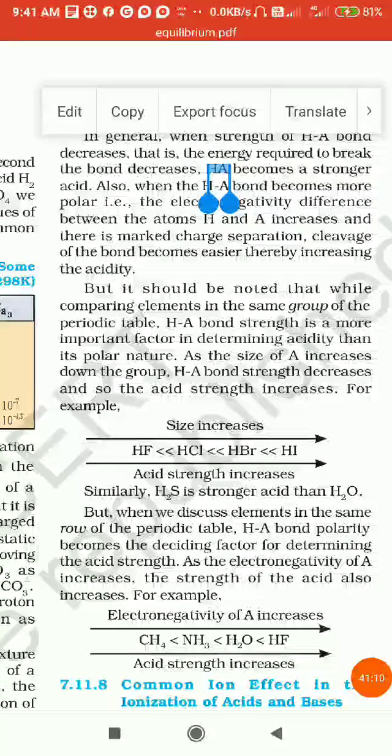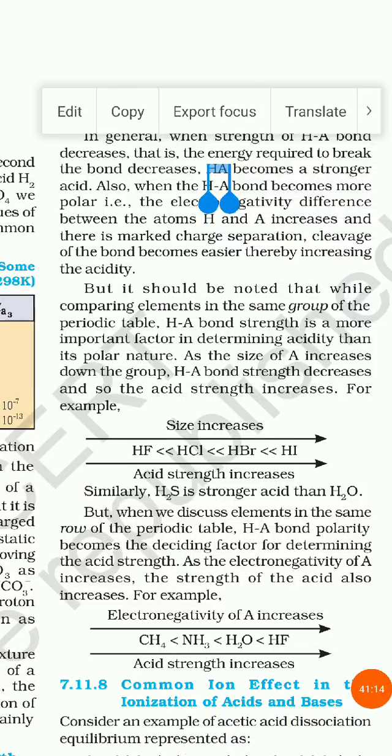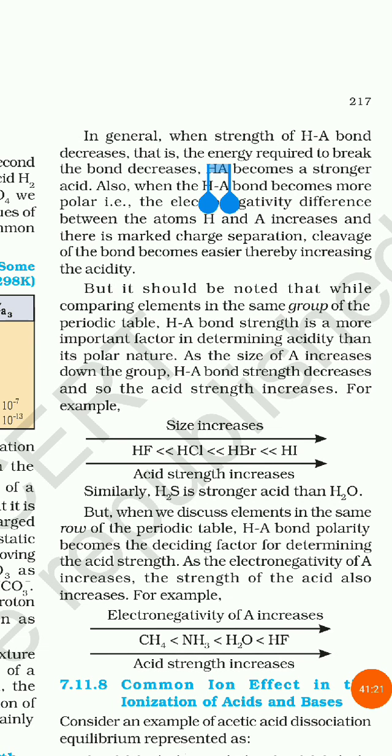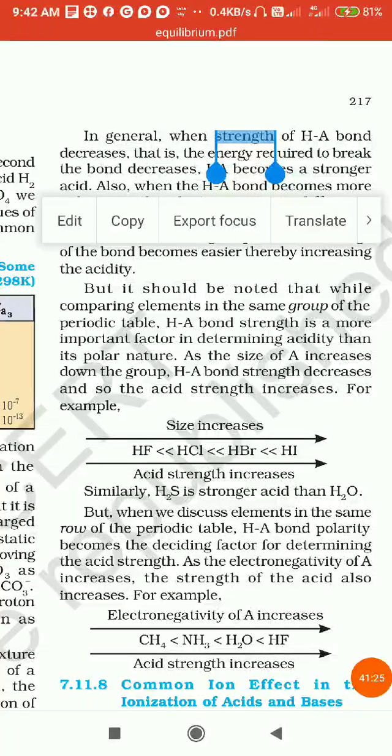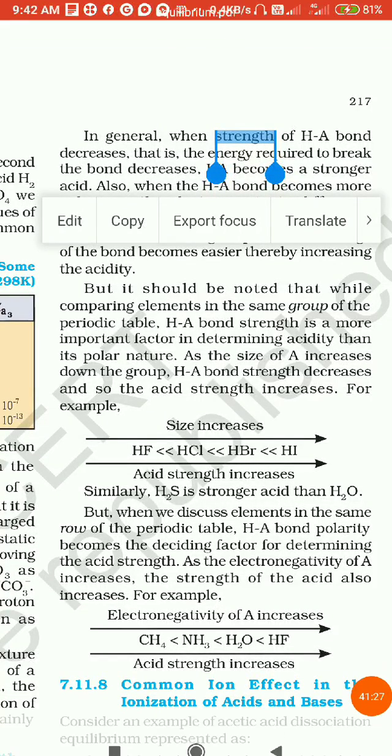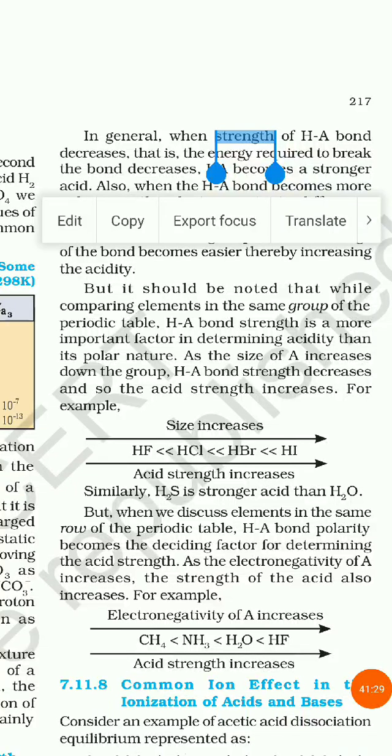So HA becomes a stronger acid when the energy required to break the bond decreases. If the strength is more, that is not considered a strong acid. If you want to break that bond, you have to apply more energy.